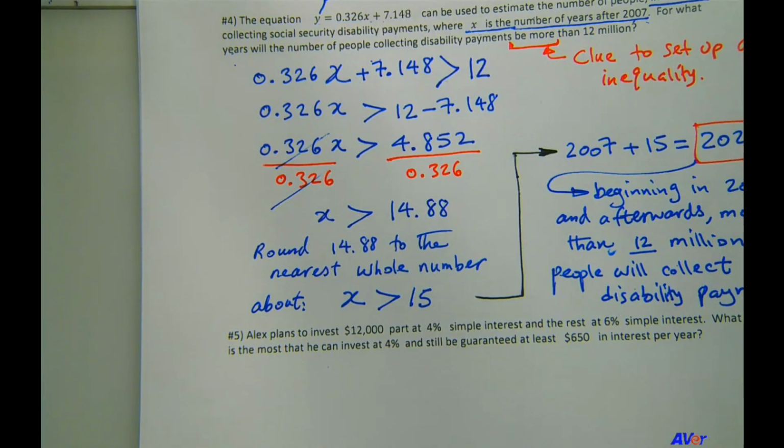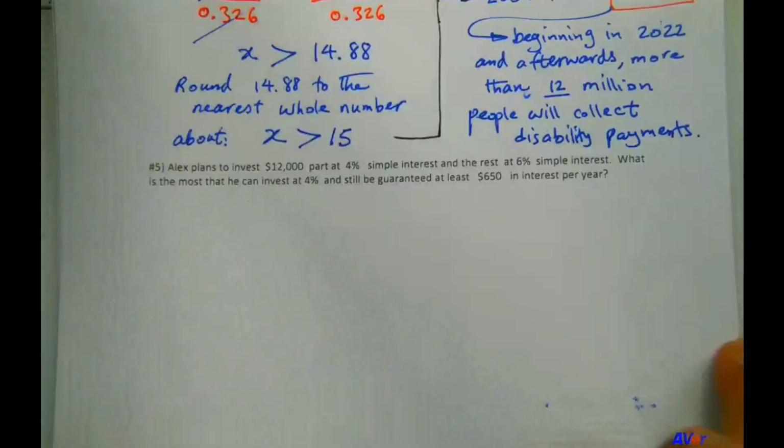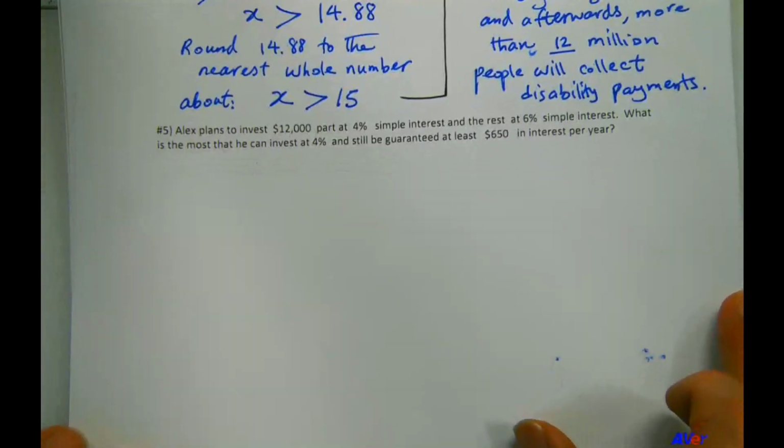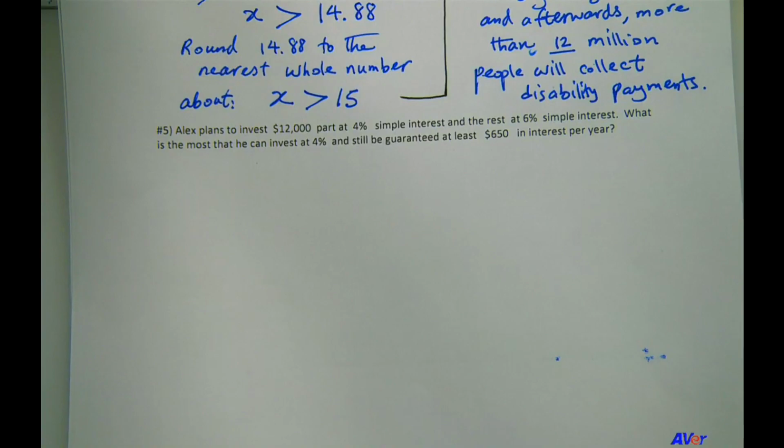Okay, so in the next problem, it says that Alex plans to invest $12,000, part at 4% simple interest and the rest at 6% simple interest. What is the most that he can invest at 4% and still be guaranteed at least $650 in interest per year?